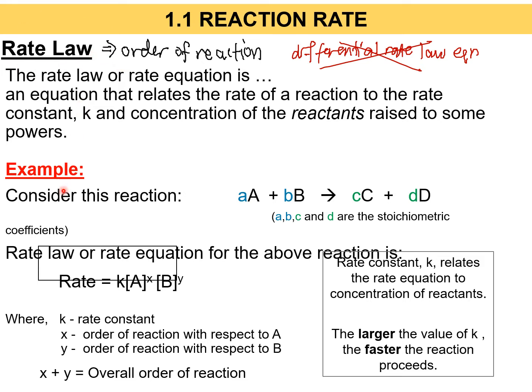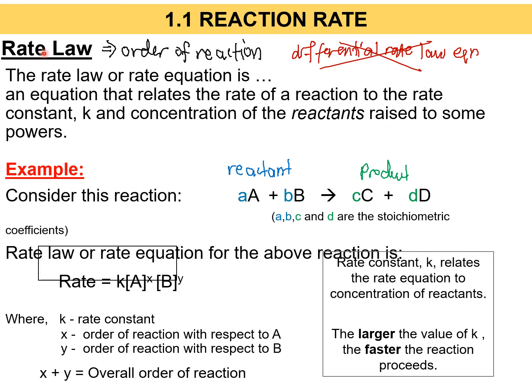Okay, for example, if you have a chemical reaction where your reactants are A plus B, and then your products are C plus D. I know that when we did the differential rate law equation just now, we took into account the stoichiometric coefficients, and we took into account the products when writing the rate law equation.